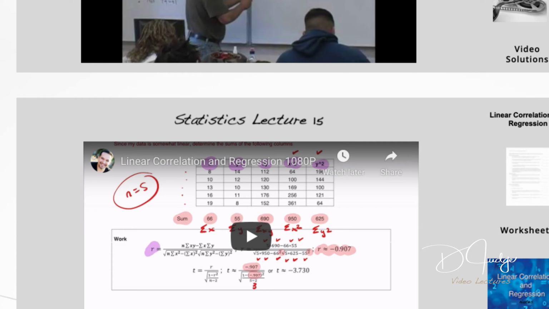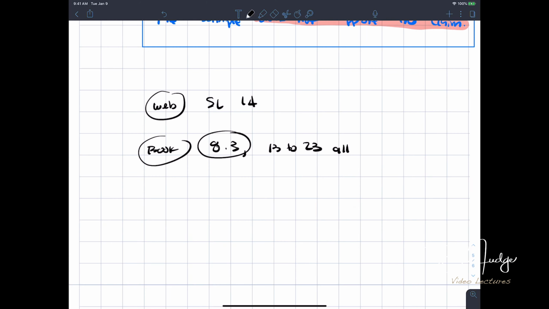So for book work, we're going to start with 13 to 23, all. All right, let's go back to the iPad Pro.